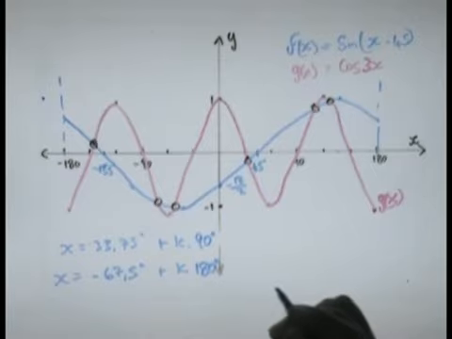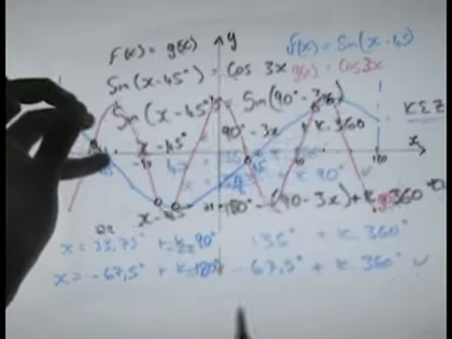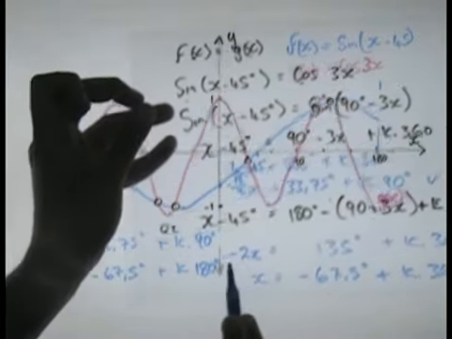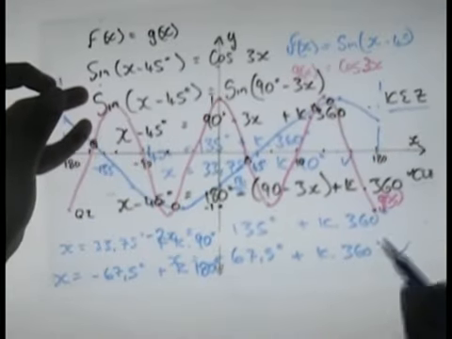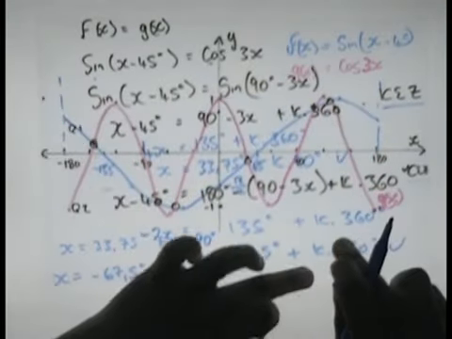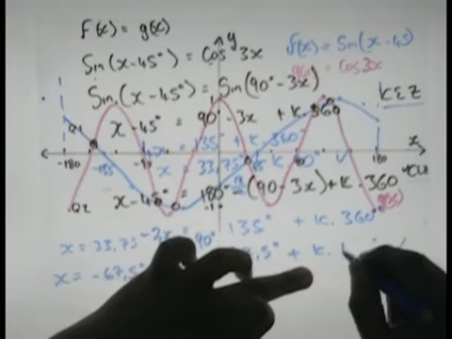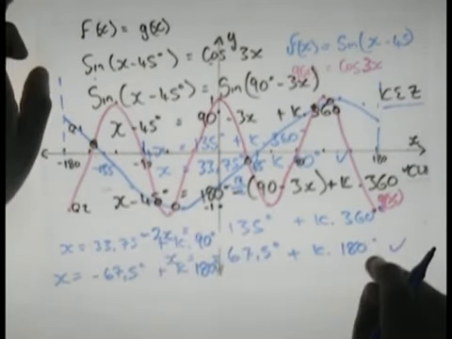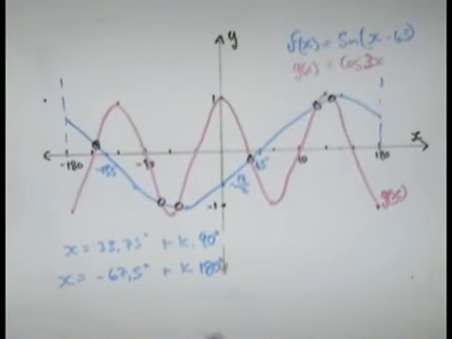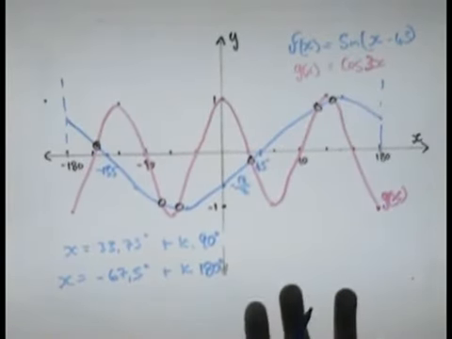Now there's one mistake I made in the previous example. When I divided through by this negative 2, the 360 has to also be divided by the negative 2, which will make it 180 degrees. So it's plus k times 180 degrees.